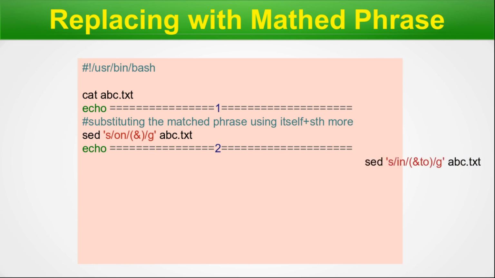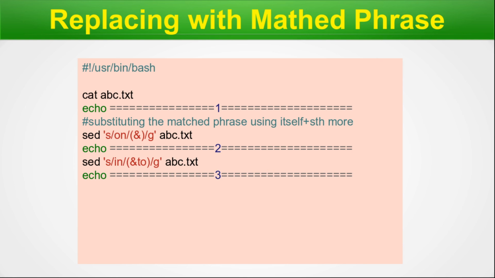We echo the second separator, and in the next one we substitute in with &2. So in will be replaced by into. You must try it out. You can create the abc.txt as you wish, and you can change the matching words by yourself. The next separator we have echoed, and if we write the script in a script file and give it abc.txt, you can see. This is just an example.